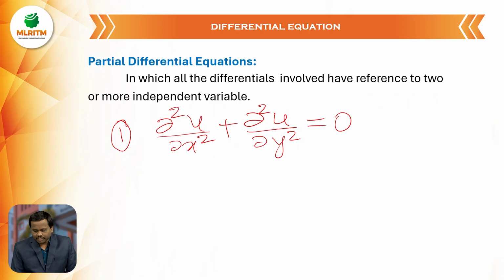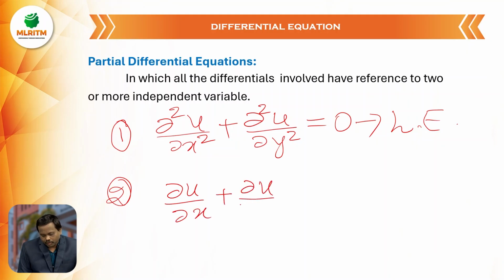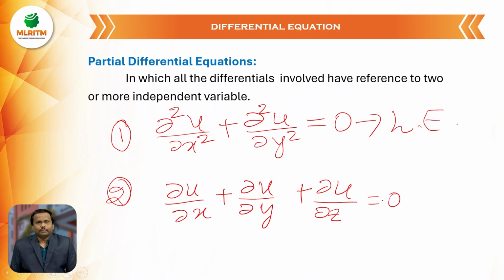This type of equation is nothing but the Laplace equation. One more example of a partial differential equation: ∂u/∂x + ∂u/∂y + ∂u/∂z = 0.